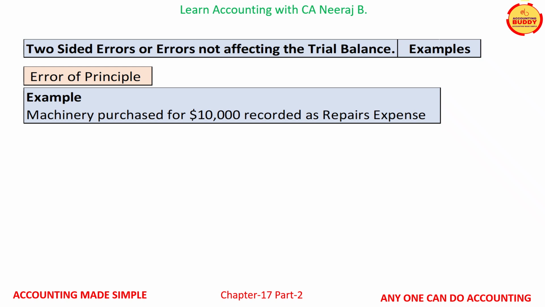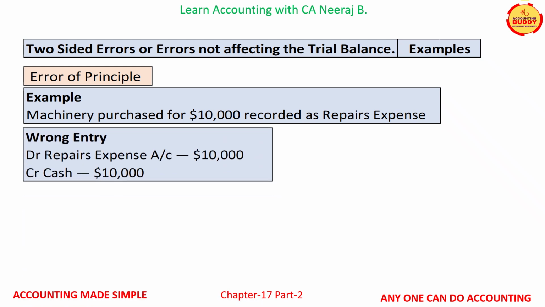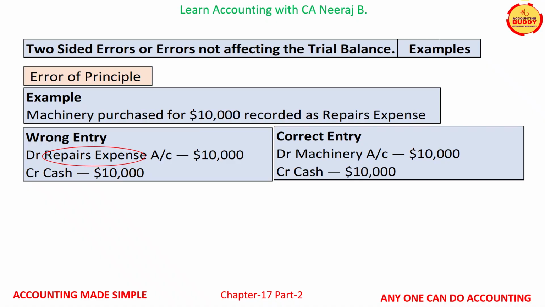As a result of this error, the wrong entry is passed: debit expense account and credit the cash account for $10,000. Whereas the correct entry for this transaction is debit machinery asset account and credit cash account for $10,000.